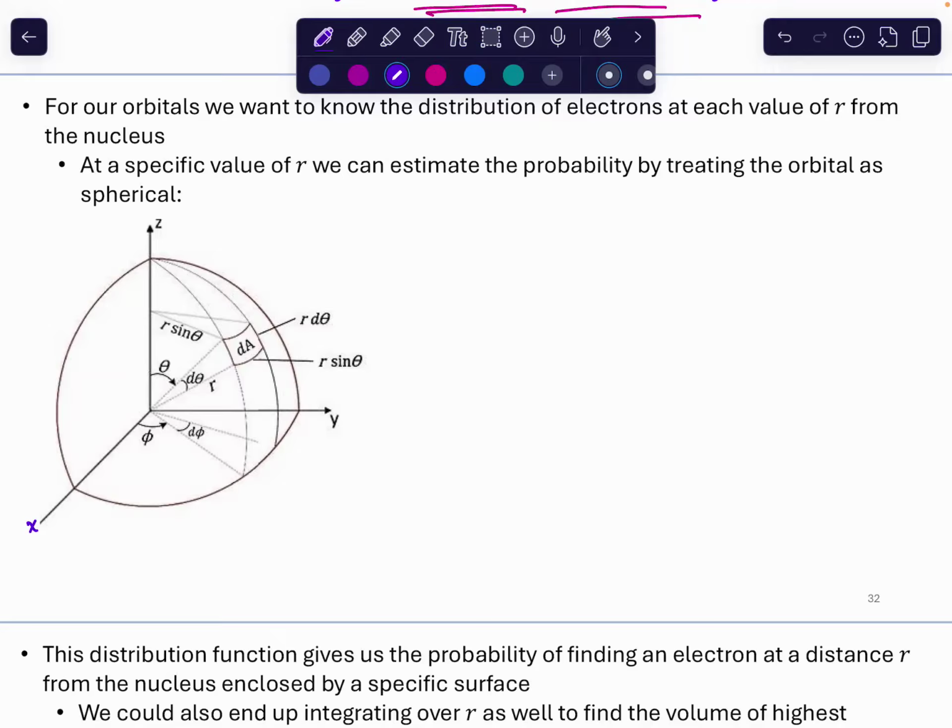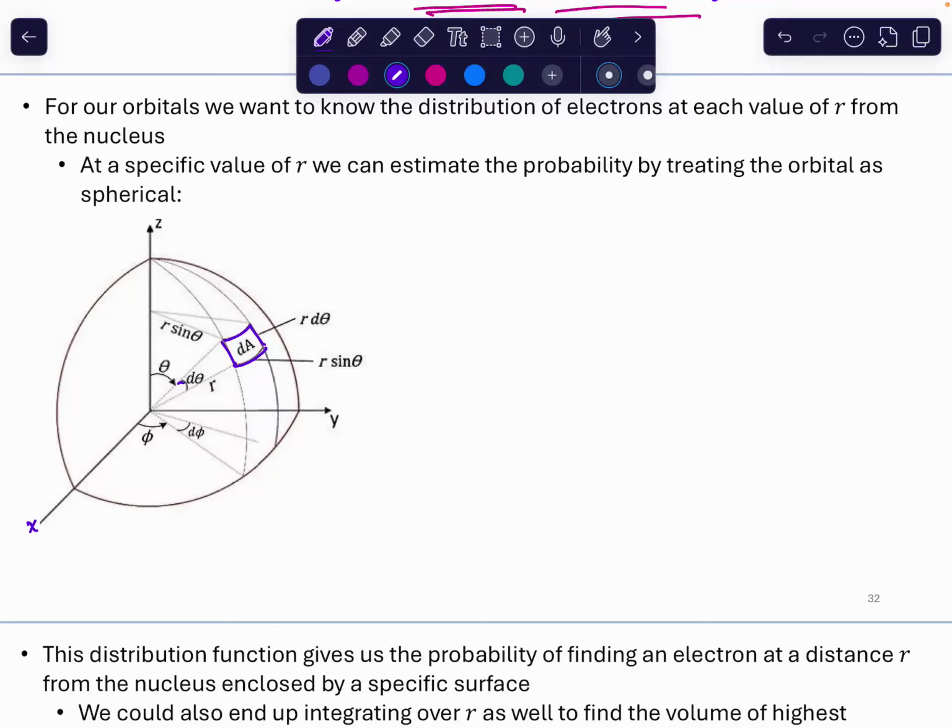Then we'll get that sphere again at another radius and so on and so forth. So we're only worried about basically a spherical shell, and that's why we have these little portions, dA. It's an infinitesimally small portion of the surface of that sphere. Now, you can start to get a grasp of how these things are working. Theta is measured down from the z-axis, phi is measured from the x-axis, and then we have our radius r.